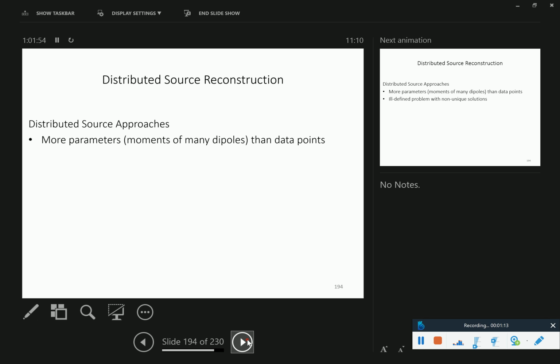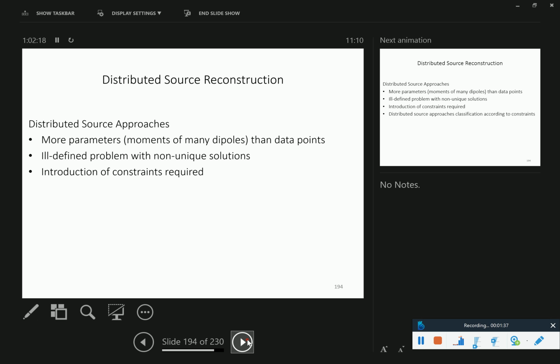So if you have like 1,000 dipoles, you have 3,000 parameters to estimate, but you only have 64 values to estimate them from. And this is of course ill-defined, and you don't have unique solutions. So many different dipole patterns can explain a certain data.